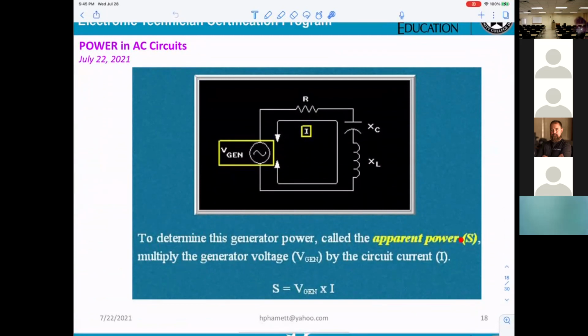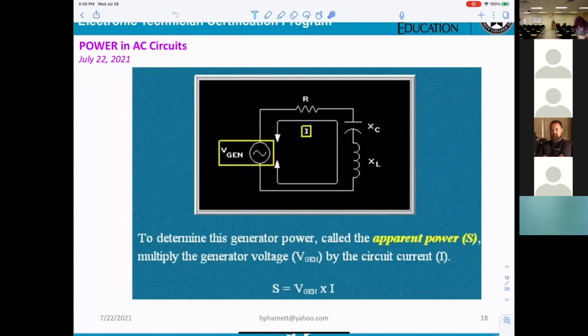Multiply the generator voltage by the circuit current I. So apparent power equals V times I. That is only trying to tell you, if you have a circuit with only a resistor, then you get real power.